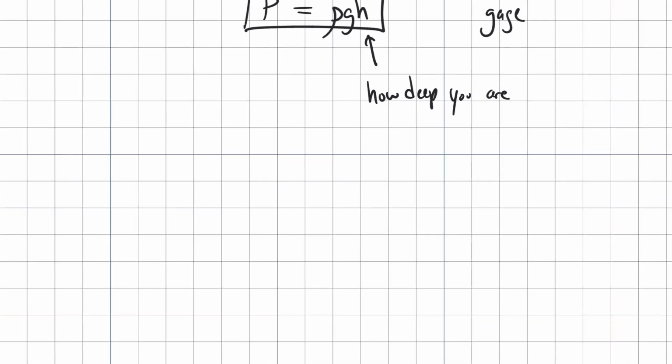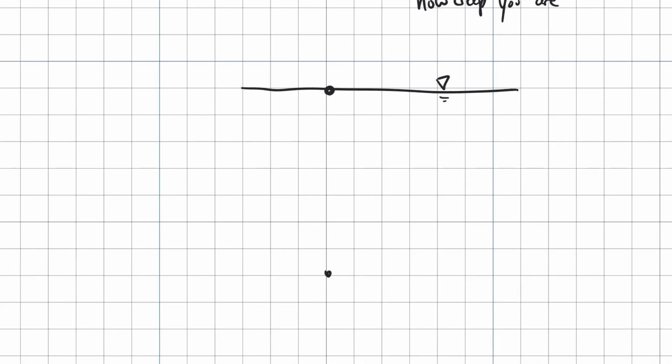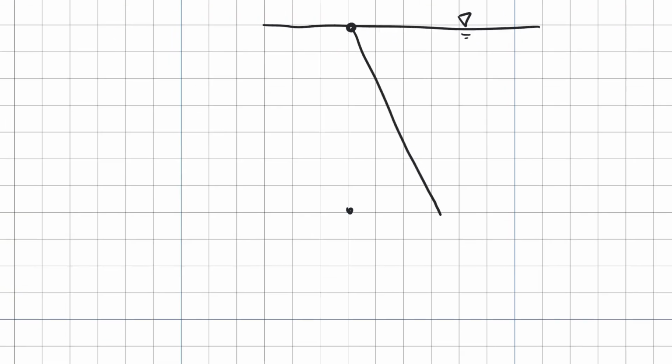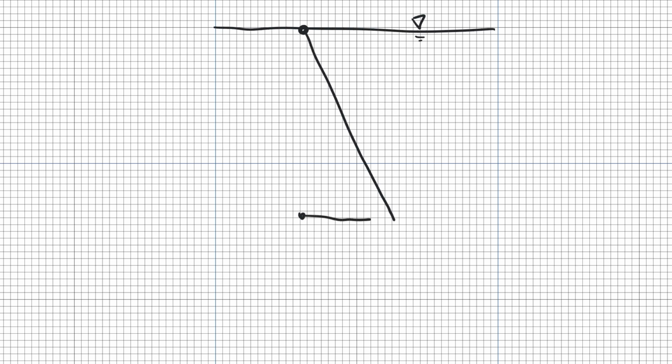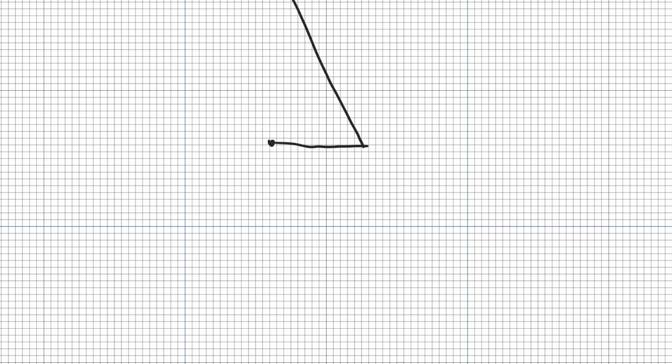So here's my pool, and I'm, I don't know, 10 feet deep or whatever, and my pressure increases linearly. If I go twice as deep, I get twice as much pressure.